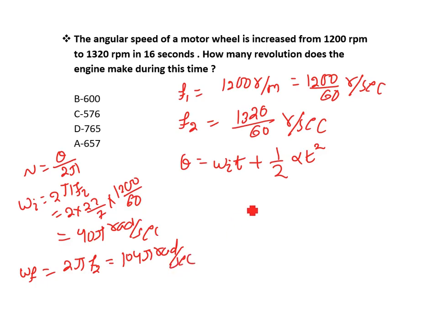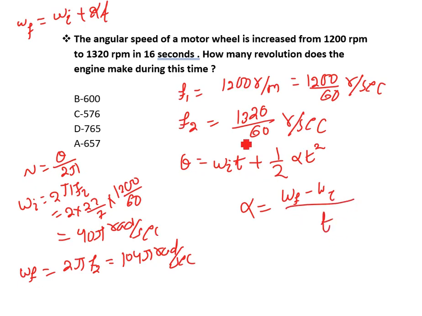Now alpha will become, using the formula omega final equals omega initial plus alpha t, which I will use here. So alpha will become omega final minus omega initial divided by t. t is given here as 16 seconds.